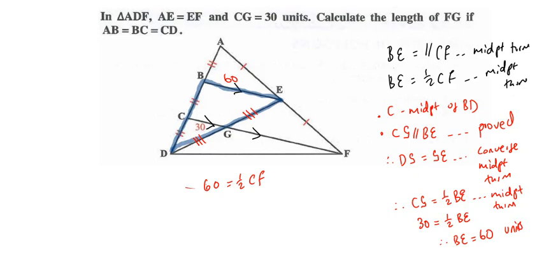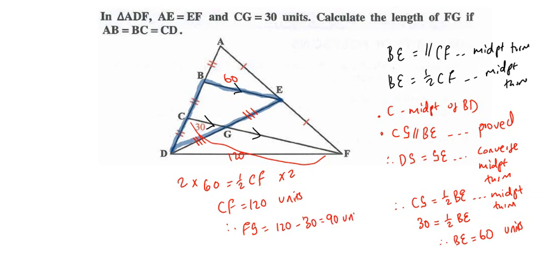If you multiply by 2 both sides, you get that CF is 120 units. Since CF is 120, now we can get FG. Therefore, FG will be 120 minus 30, which is 90 units. Beautiful, guys.